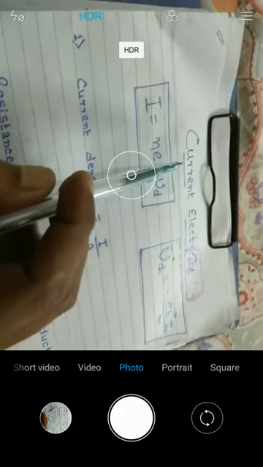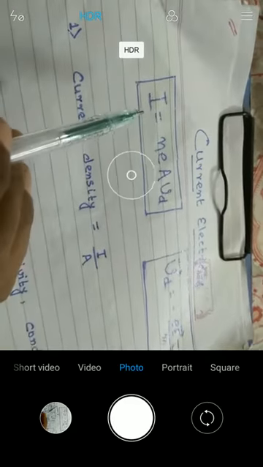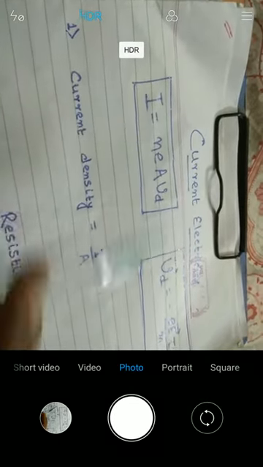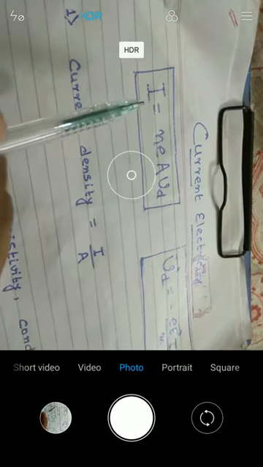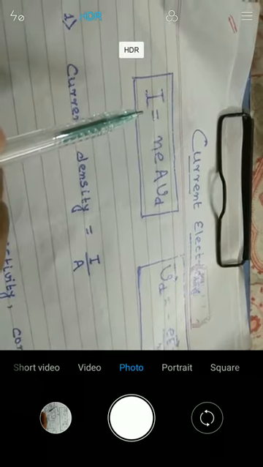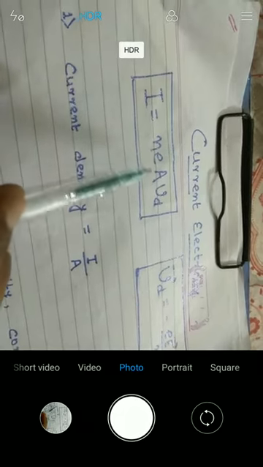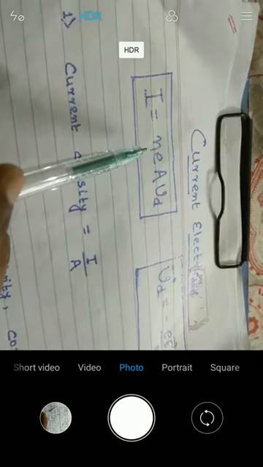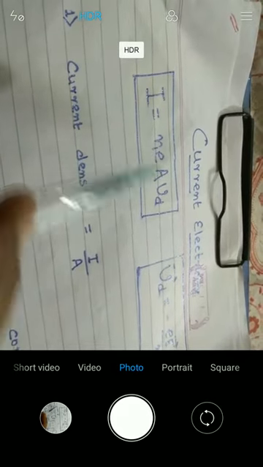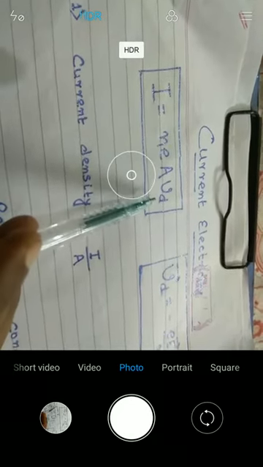ओके तो हम लोग डिस्कस कर रहे थे सेकेंड चैप्टर करंट इलेक्ट्रिसिटी। और पिछले वीडियो में हम लोगों ने डिराइव किया था दो स्पेशल फार्मूलास। One was the formula for current flowing through a conducting wire, that was I equals neAvd. I is current, n is number density of free electrons, e is charge of electron, A is area of the cross section, and vd was drift velocity.